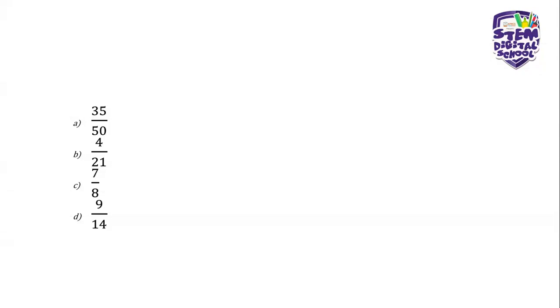That's the correct answer. So I hope that you can see now, this is how you find the percentage. You divide your fraction, and then you get a decimal fraction, then you multiply by 100.